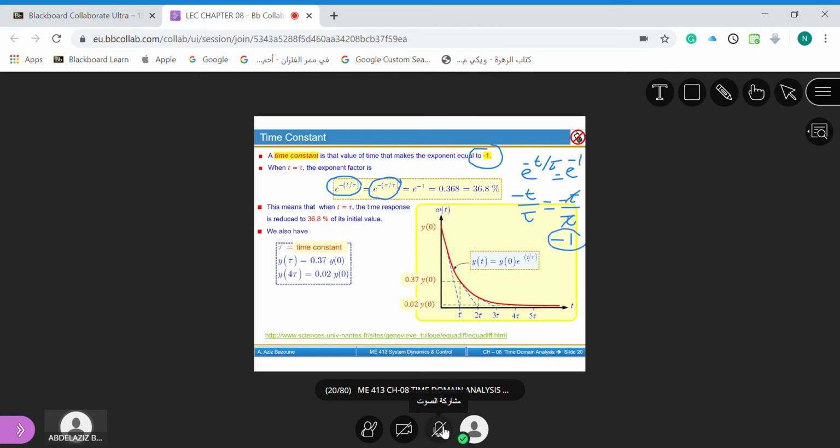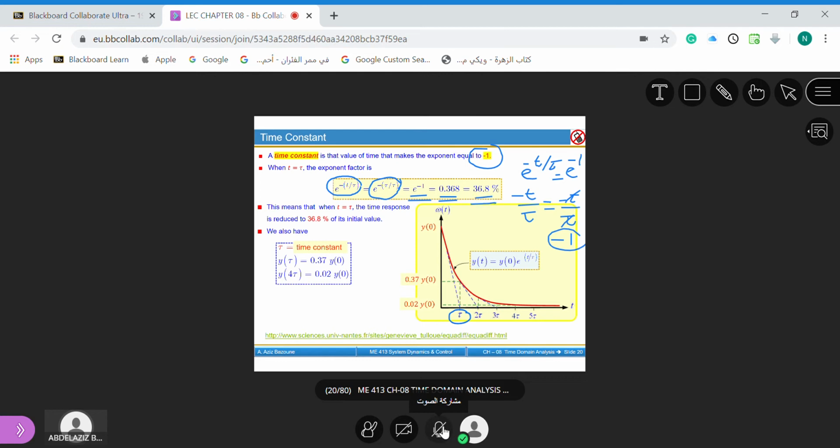So we have exponential minus 1, which is equal to 0.368, or 36.8%. Make the exponential equal to minus 1 and you are done, which means that when the time is equal to tau, the response falls to 36.8% of its original value.